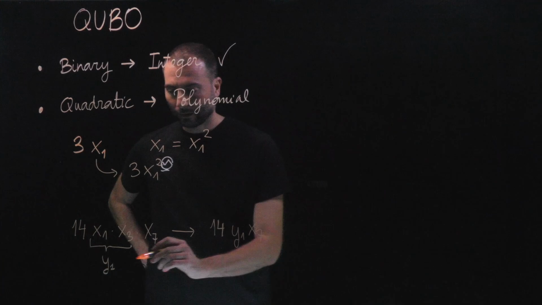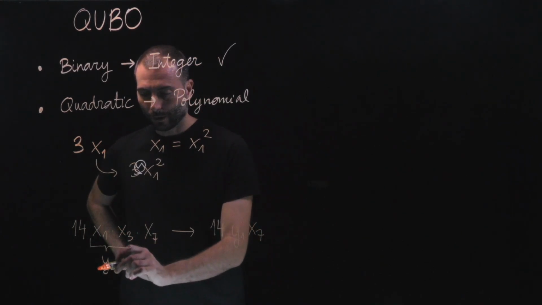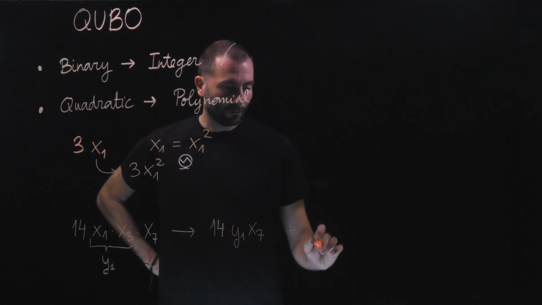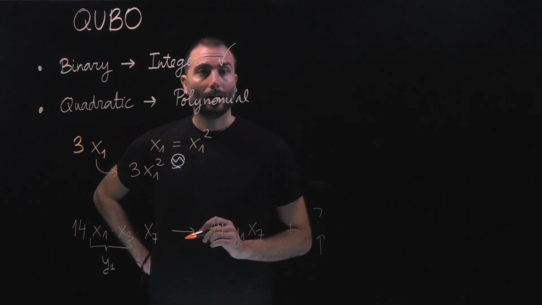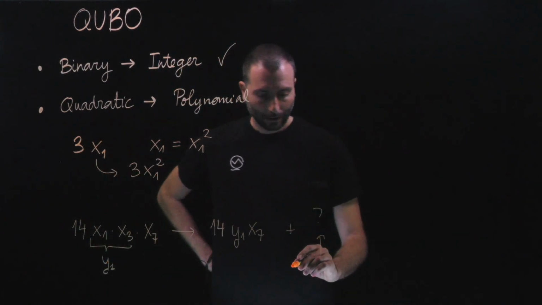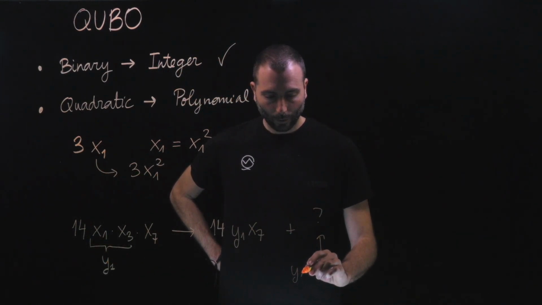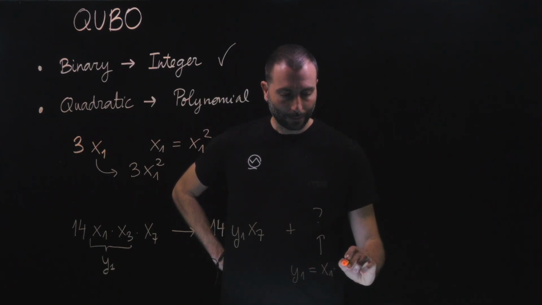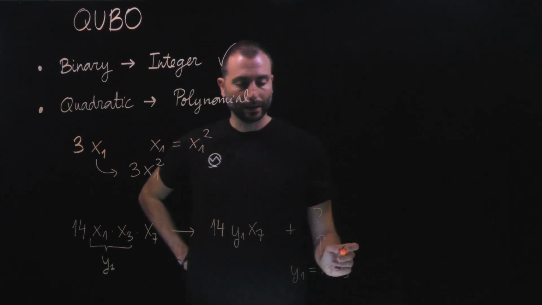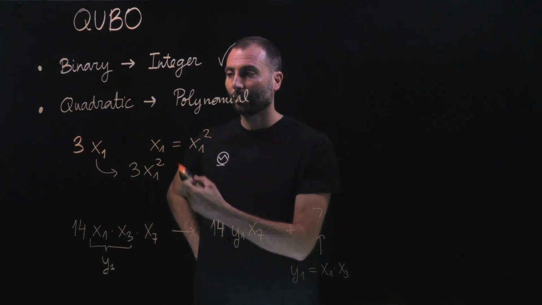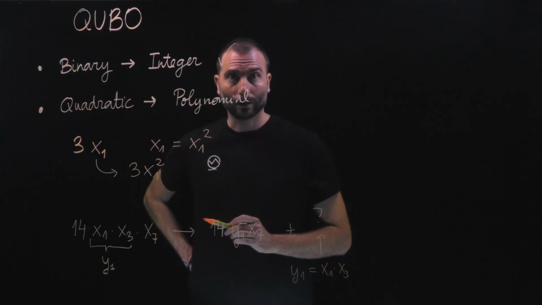So we are fine, but the question is, we have to add something that imposes that this variable y1 is indeed equal to x1 times x3. This would be adding a constraint, which is the condition that we will relax afterwards.